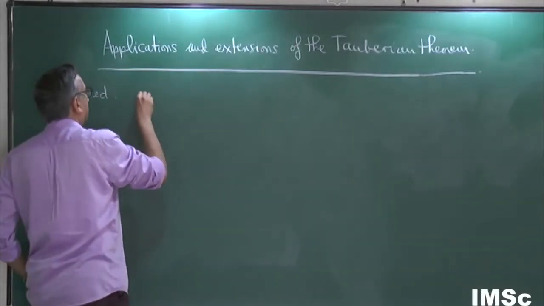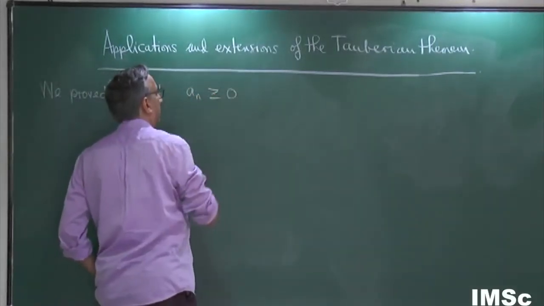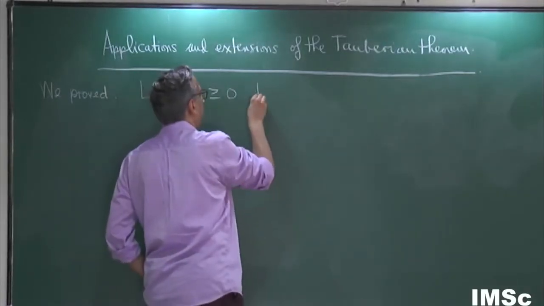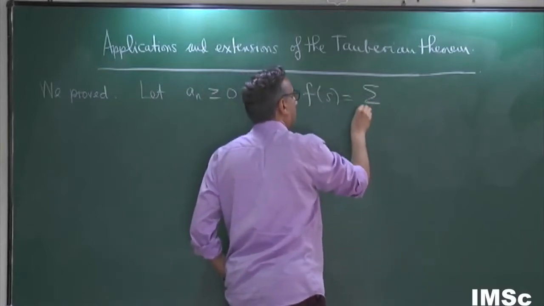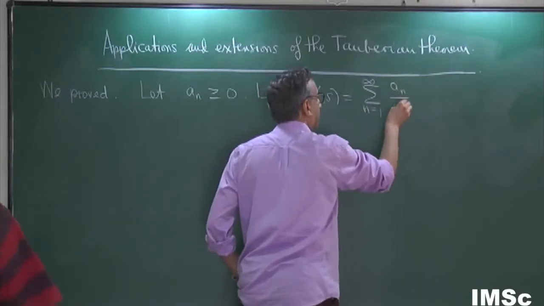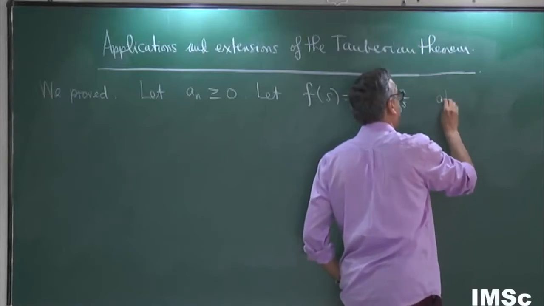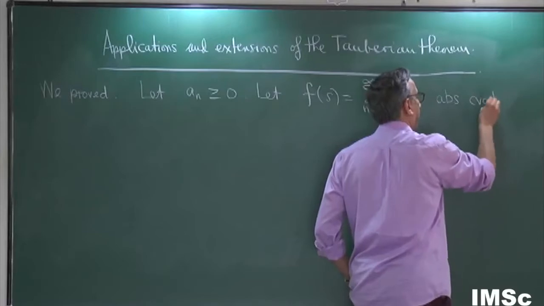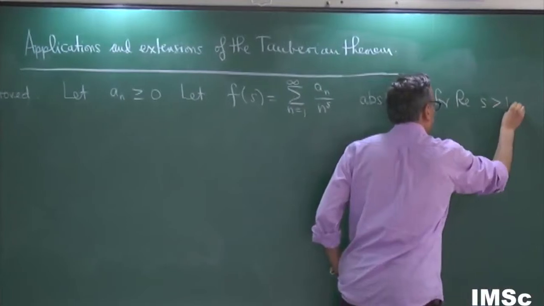the following theorem. Let a sub n be a sequence of non-negative numbers. Let f of s be the Dirichlet series sum of a_n over n to the s, absolutely convergent for real part of s strictly bigger than 1.